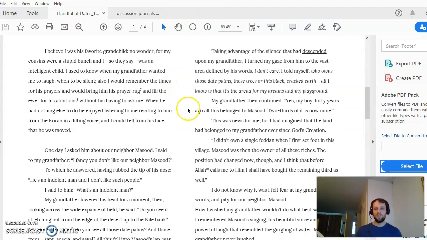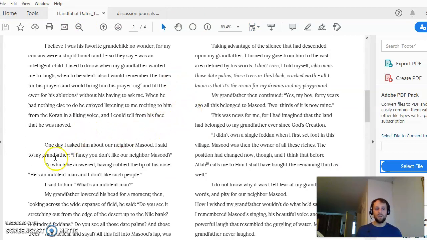We first get introduced to Masood on page number 2. And the grandfather's perspective is the first perspective we get on this character. Obviously the grandfather has some really strong words about Masood. He clearly believes that Masood is like a ne'er-do-well, basically.